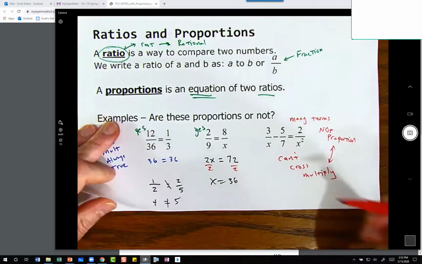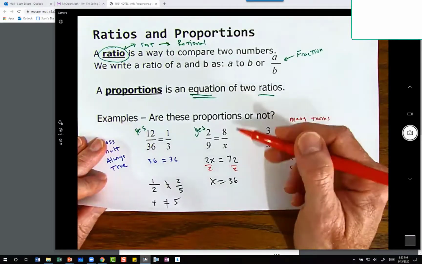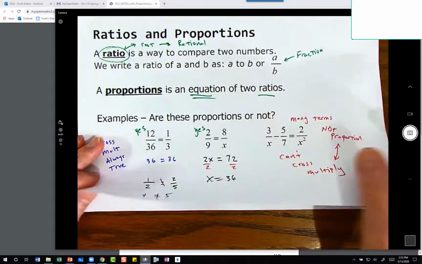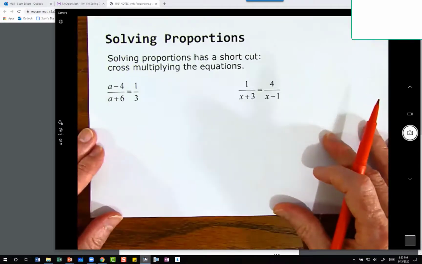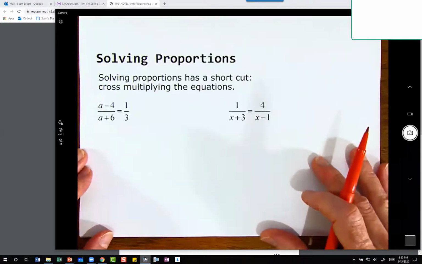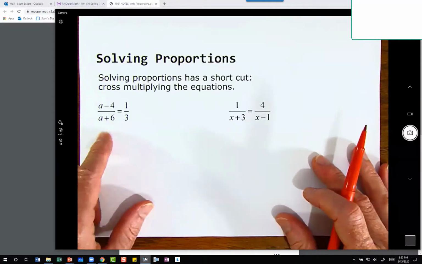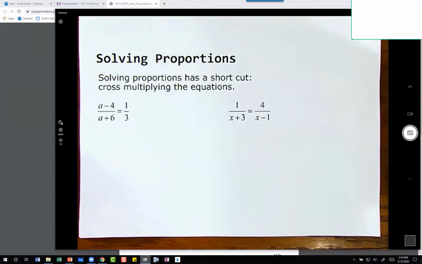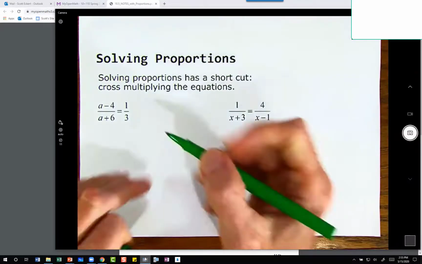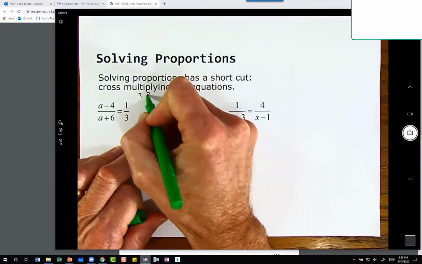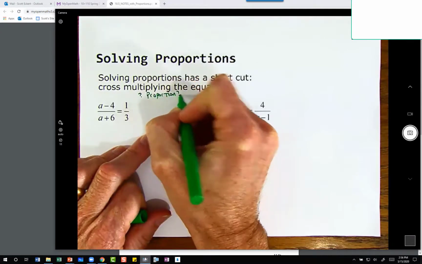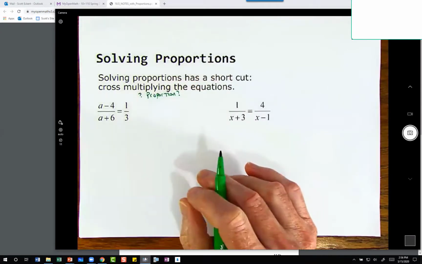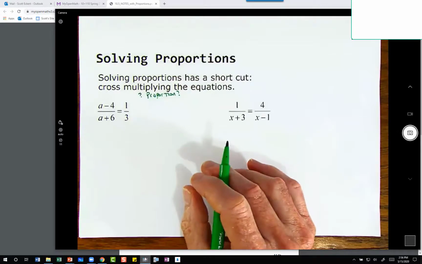So let's study this and practice this for proportions. This first problem I've got here on the next page, solving, is that a proportion or not? Yes or no? Yes, it is.